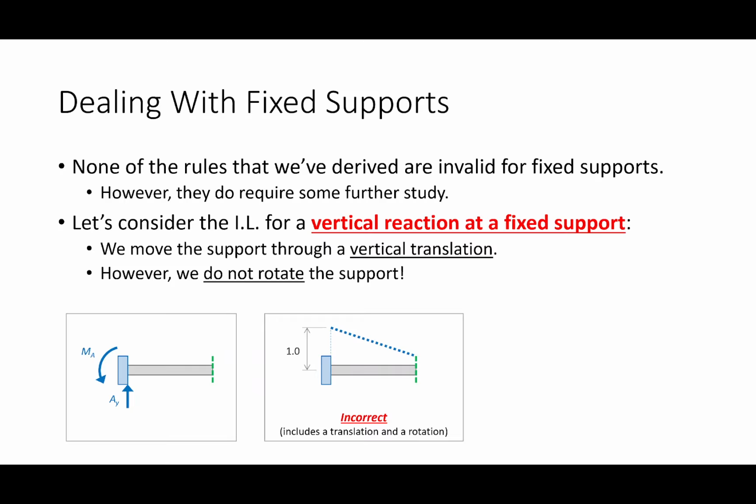I want to keep in mind that when we remove from the structure the ability to resist a reaction, we're only talking about that reaction. This might be a sort of elaborate image, but let's assume that we've got this fixed support, and I want to remove the ability to resist this vertical reaction, but only the vertical reaction.